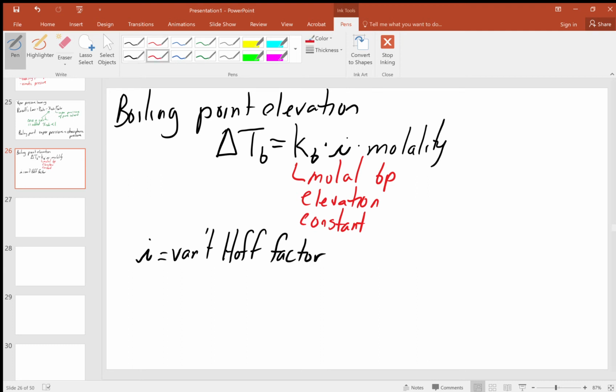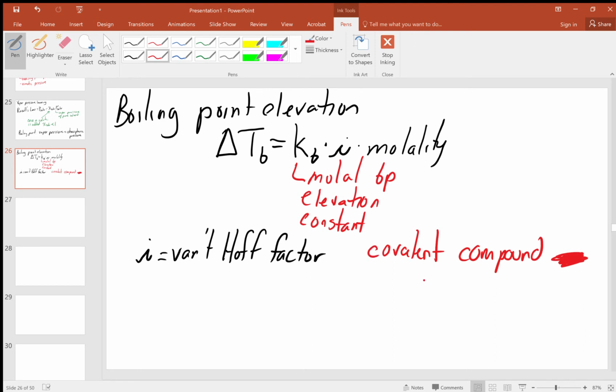So the easiest part of the Van't Hoff factor, if we're dealing with a covalent compound, then i... PowerPoint doesn't seem to like what I'm doing right now, so ignore that.